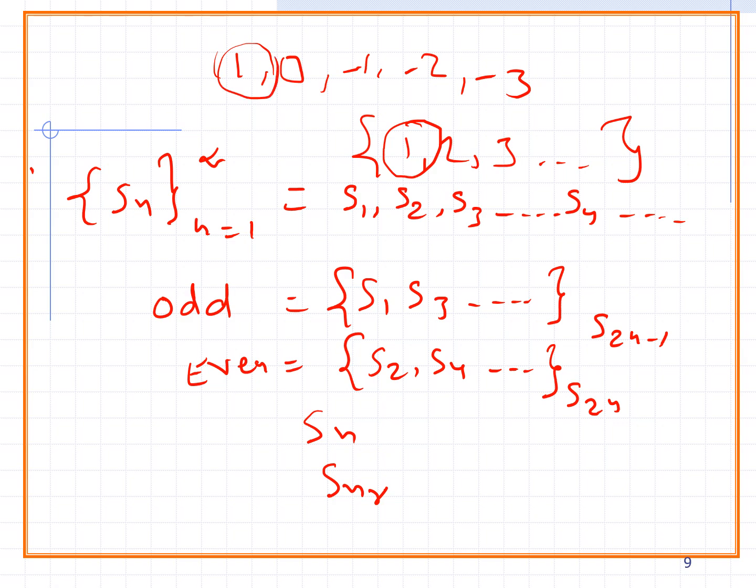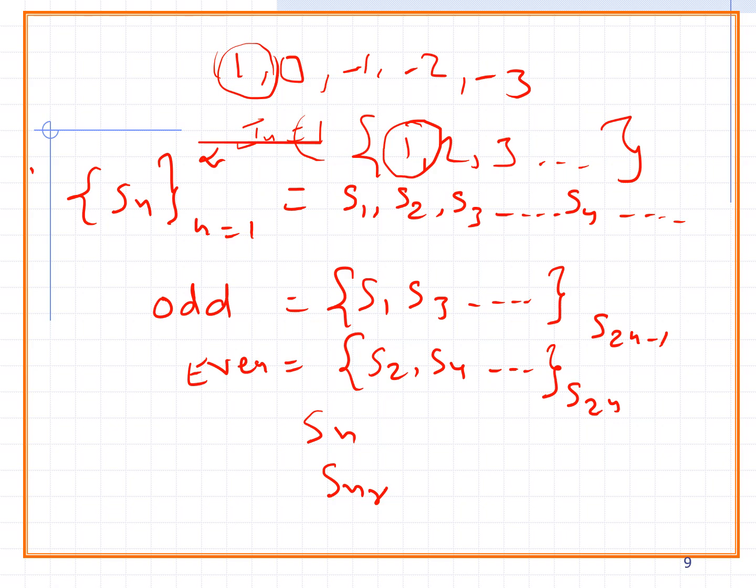That one is called the greatest lower bound or infimum. Here the infimum is equal to 1.